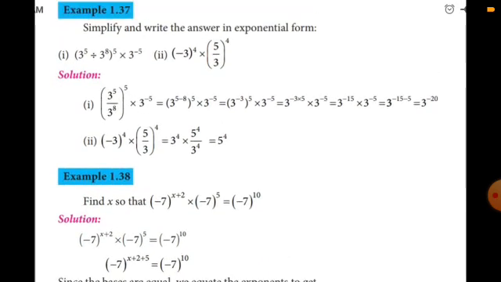Next, example 1.37. Simplify and write the answer in exponential form.